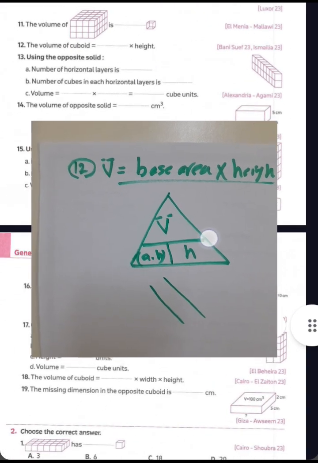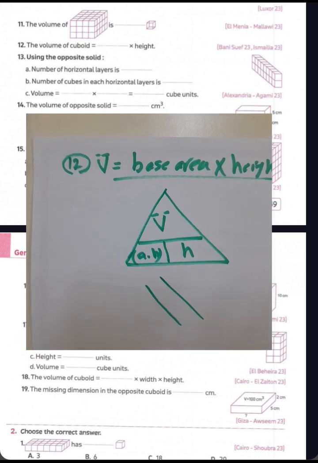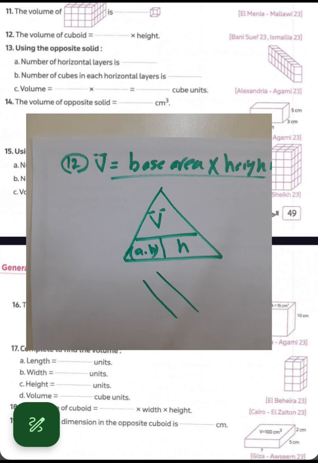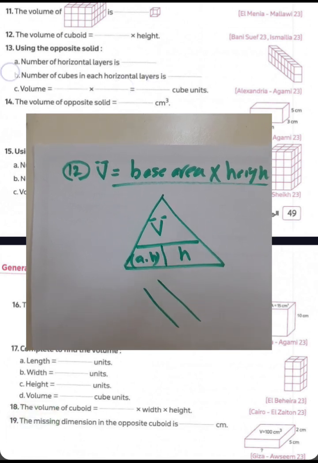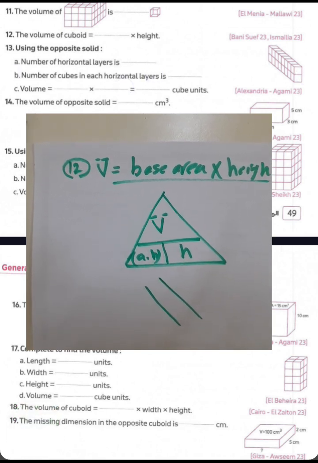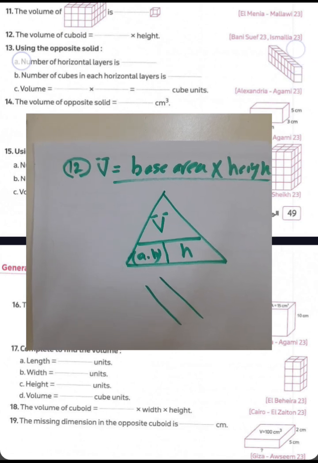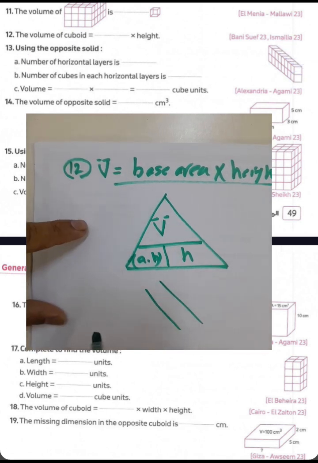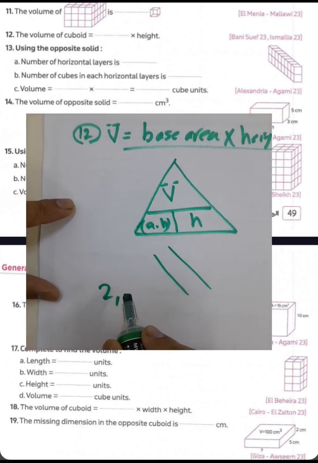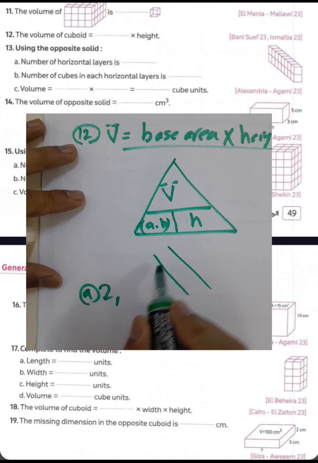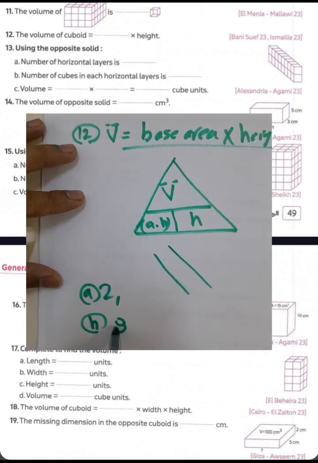Pay attention with me here. Letter B, number of cubes in each horizontal layer, you can count. Count here with me: 1, 2, 3, 4, 5, 6, 7, 8. We have 8. Then the result, letter A will be 2 horizontal layers, and letter B, we have 8 cubes in each one.